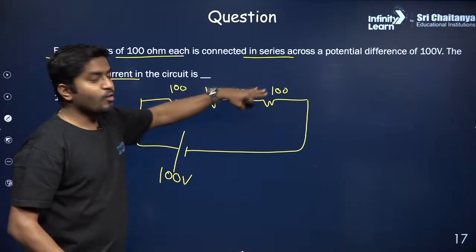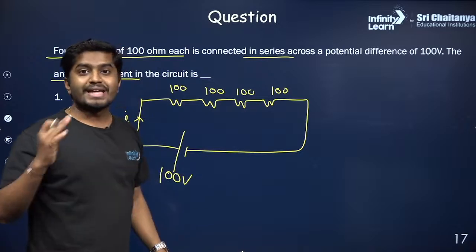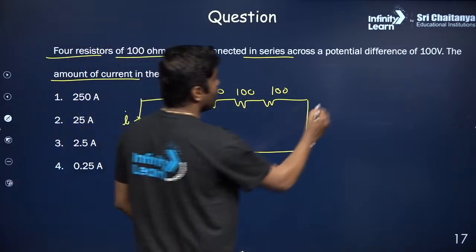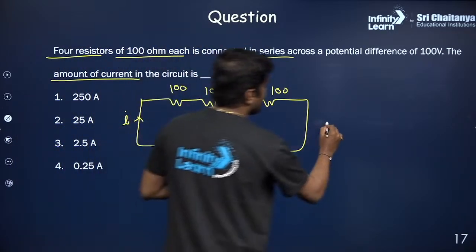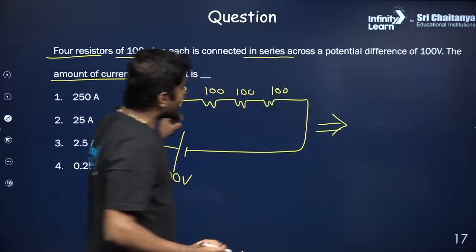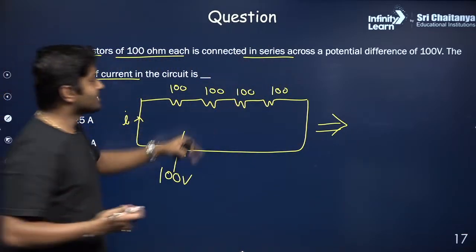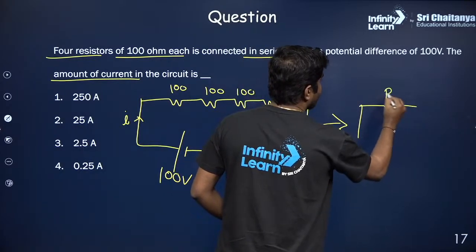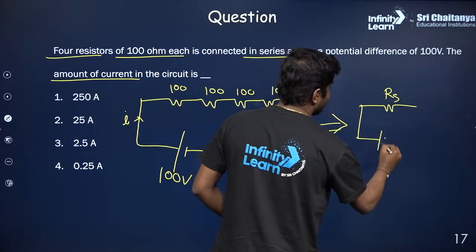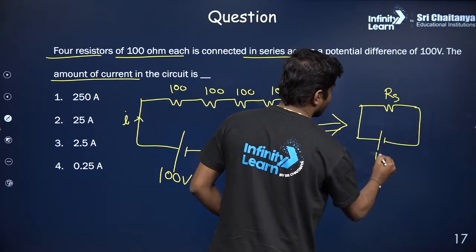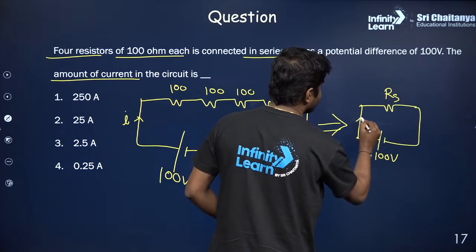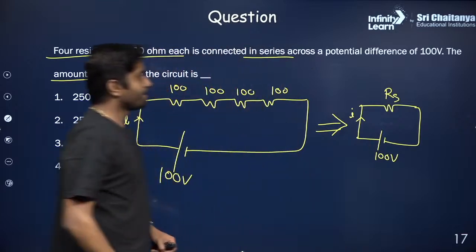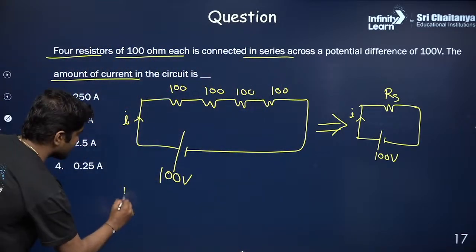So how will you solve? First, these 4 are in series. So we can calculate the series value. For this, we can draw a simpler circuit diagram. So it is something like this. These are in series and there is a battery which is 100 volts, R series. So we have to calculate the current. So what is R series?